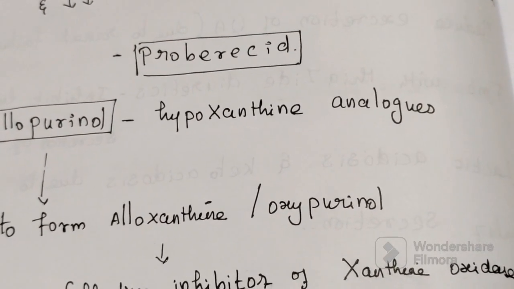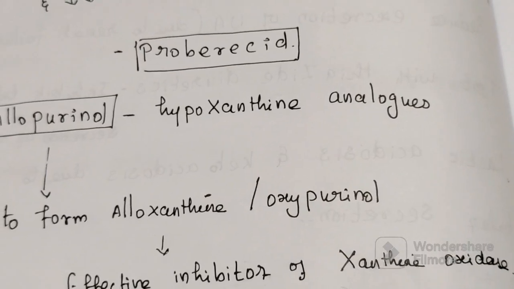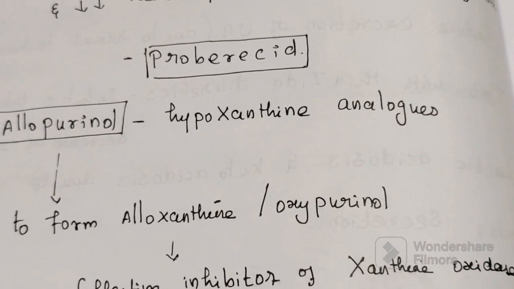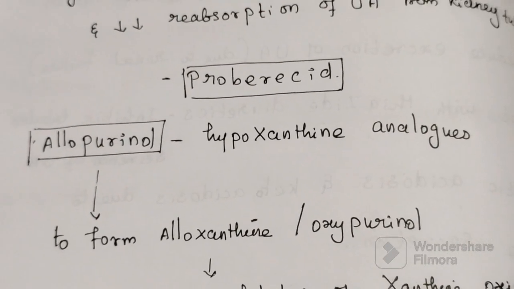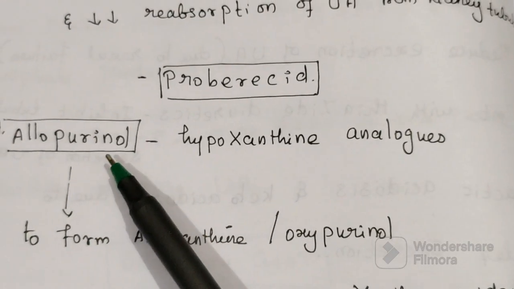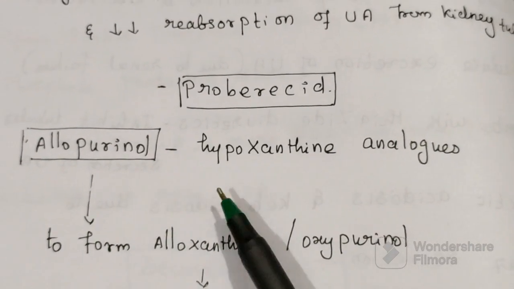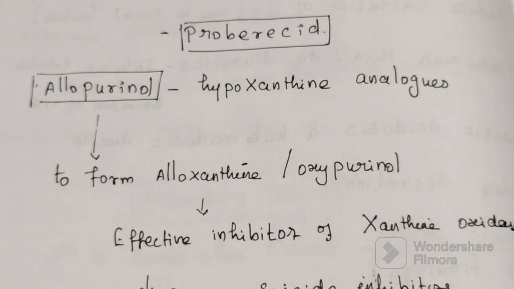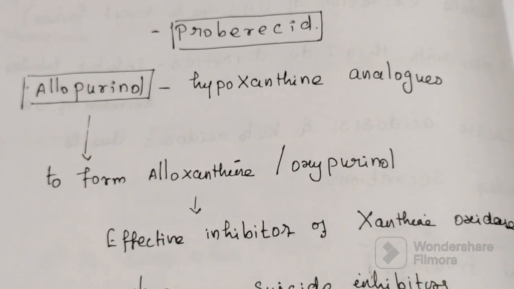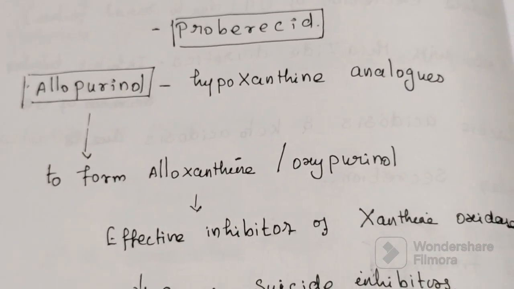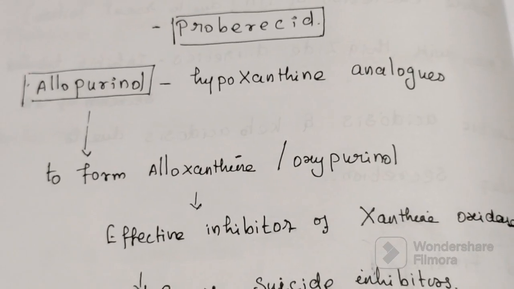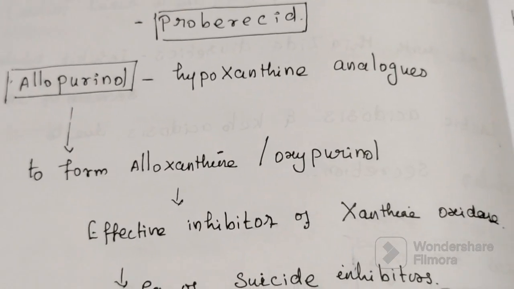Allopurinol is acted upon by xanthine oxidase to form alloxanthine, or oxypurinol.